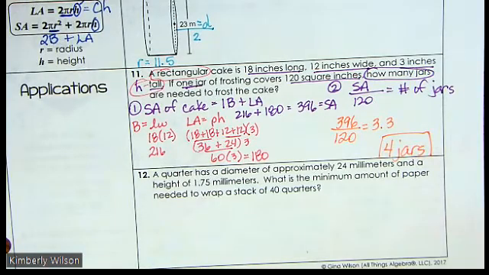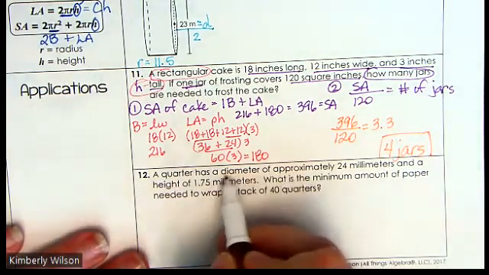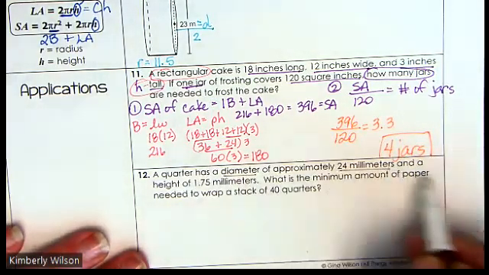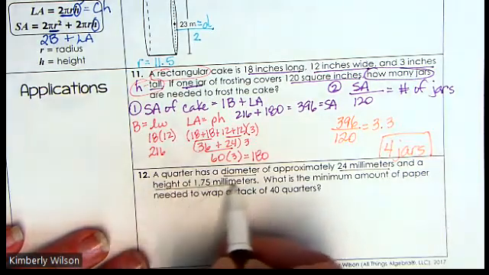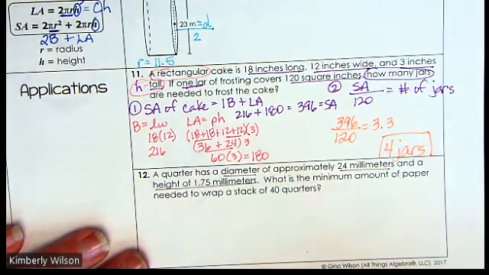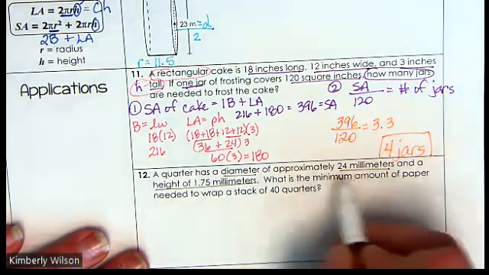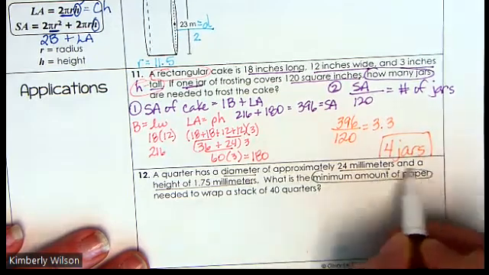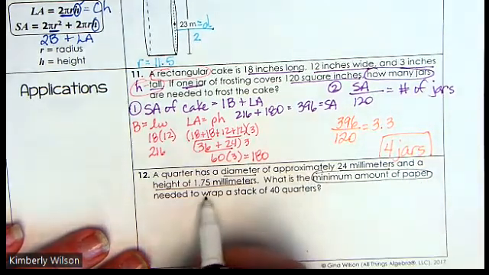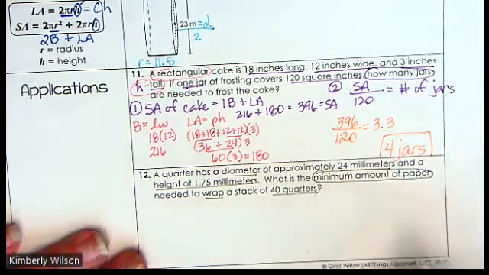Okay, number 12, I'm just going to help you pull out information. A quarter has a diameter of 24 millimeters and a height of 1.74 millimeters. What is the minimum amount of paper needed to wrap a stack of 40 quarters?